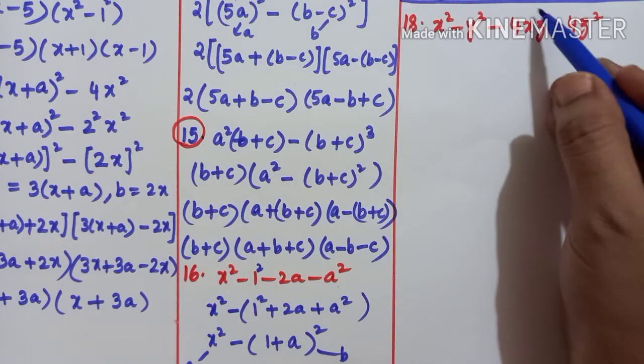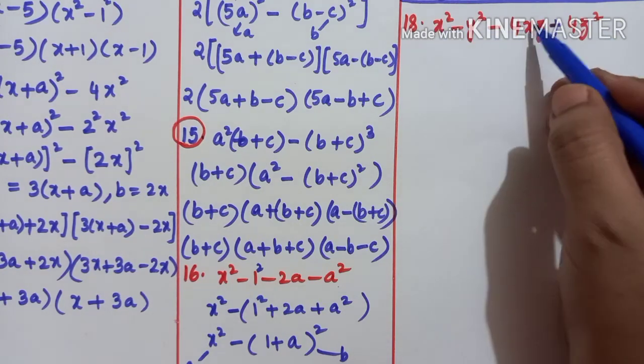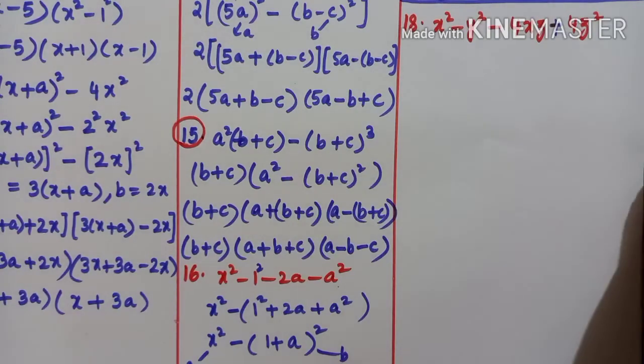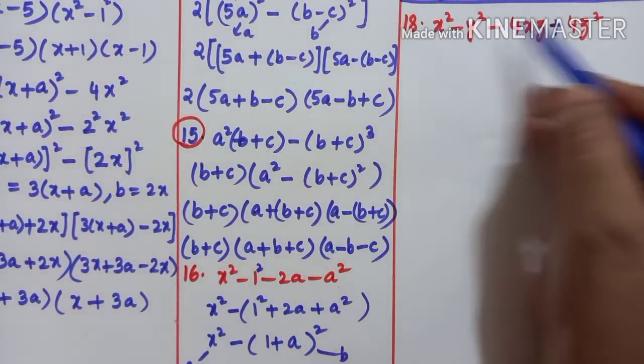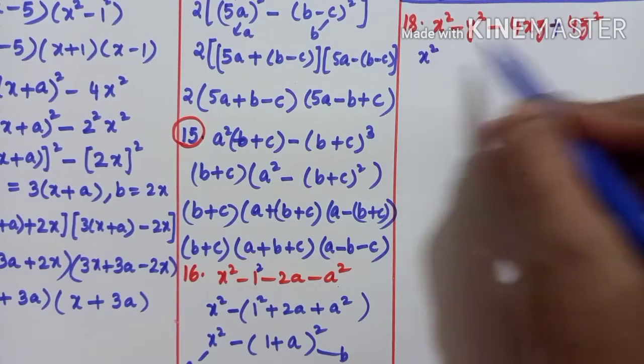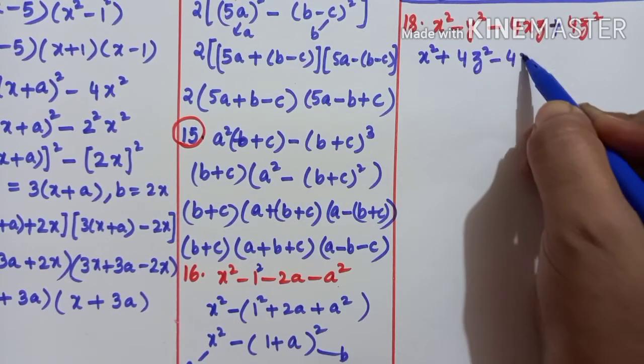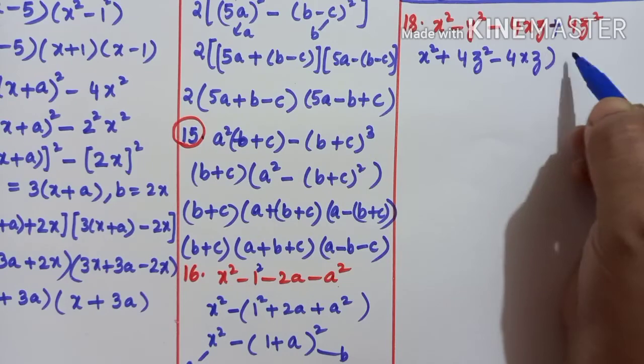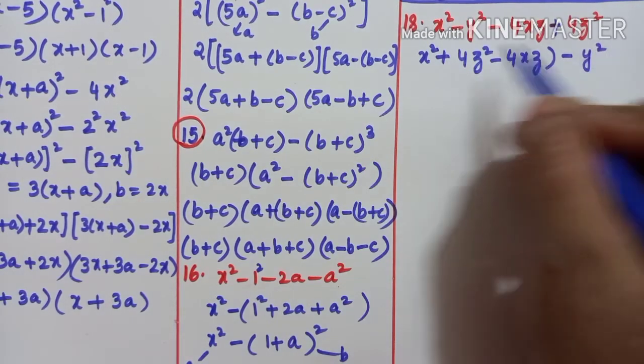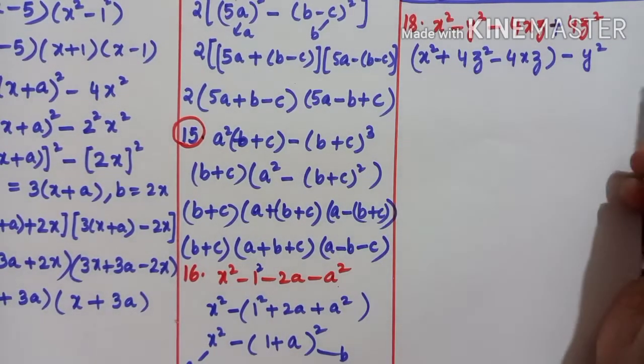Can you identify that this is the expansion of a minus b whole square? Let us write together x square, then plus 4z square, then this one 4xz. This one, minus y square, should be written separately.